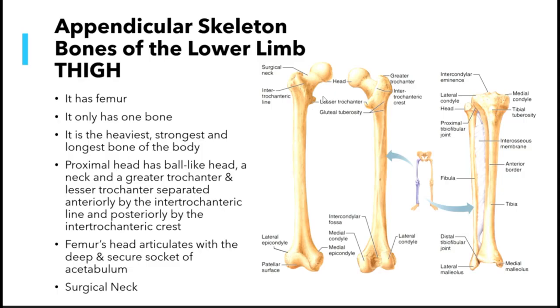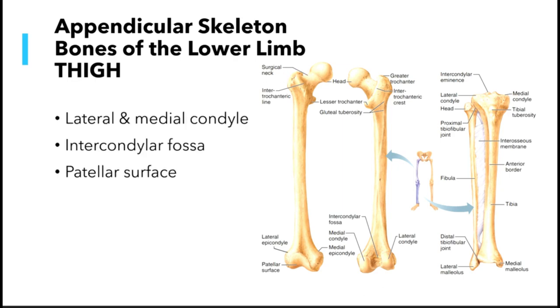In this thigh bone, you also have the surgical neck. The surgical neck of the femur is a common fracture site, especially in old age. That is why it is named surgical neck. You also have the condyles, lateral and medial condyle, the intercondylar fossa, and the patellar surface.